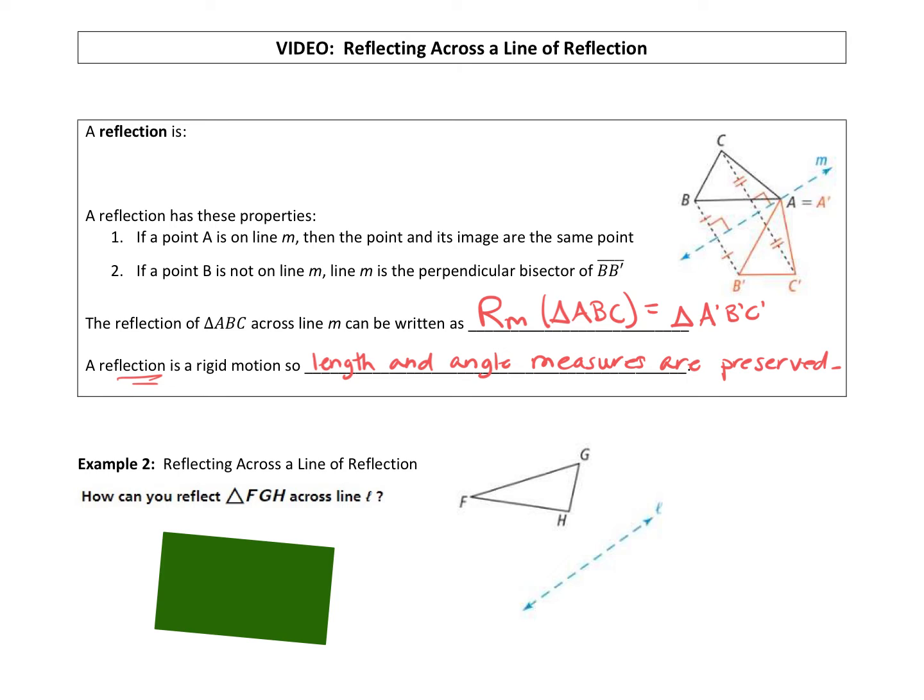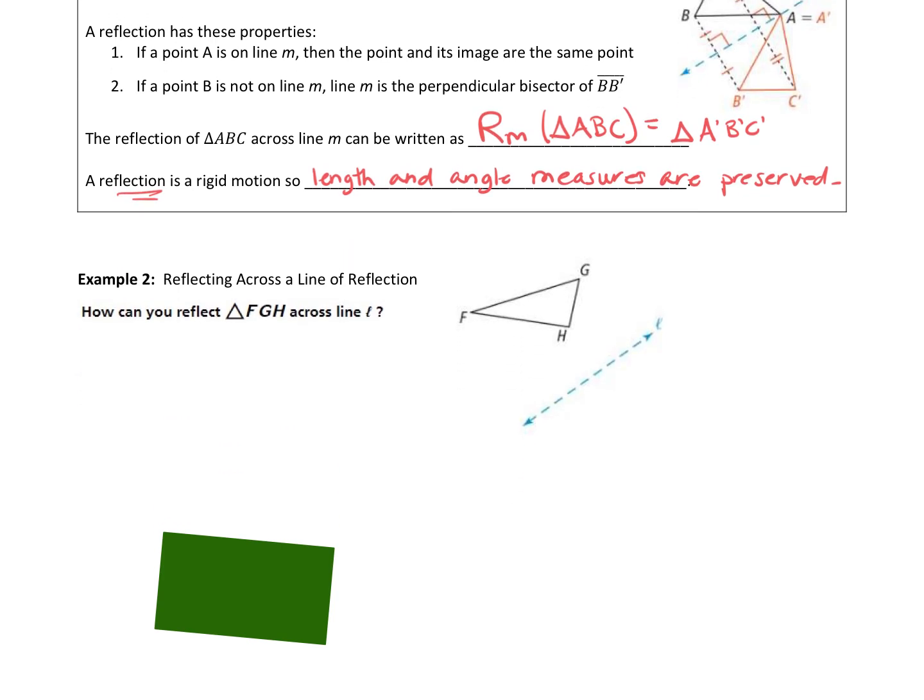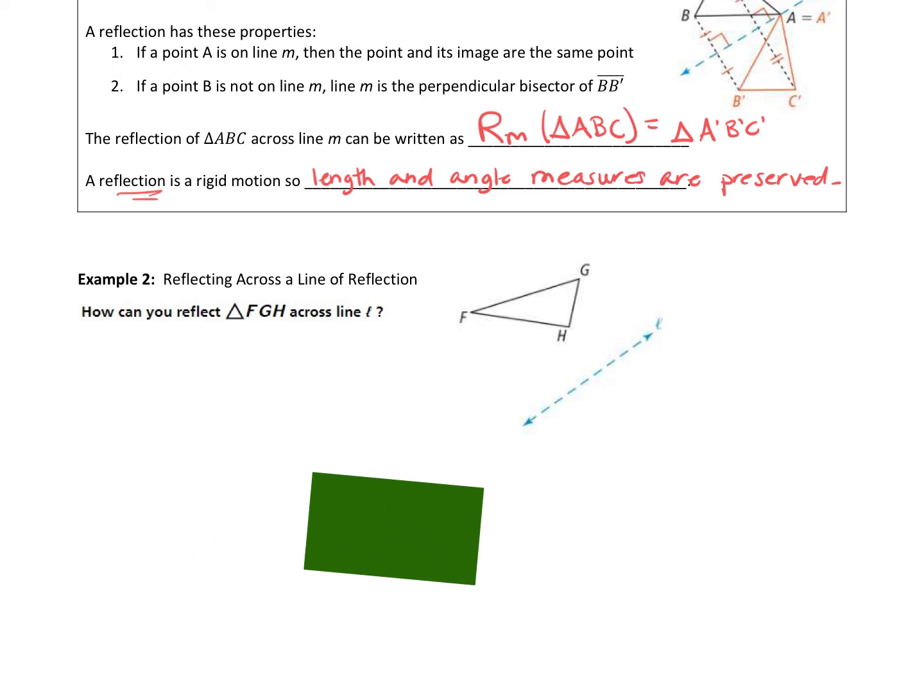So that's the first thing we're going to do. We are going to draw in those perpendicular lines as best we can. Without exact measuring tools, we're just going to find ways to make that happen.